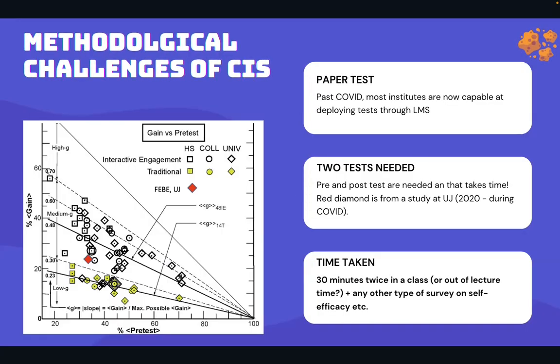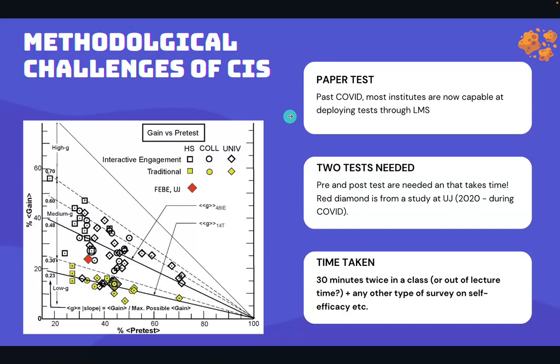What are some of the challenges of concept inventories in general? Well, in the old days, for sure, it was a paper-based test. And in fact, usually you were asked to refrain from putting the test onto a learning management system. For example, in our case, with this study that we recently did at the University of Johannesburg, we decided to start the pre-test in March 2020, just as COVID kicked in.